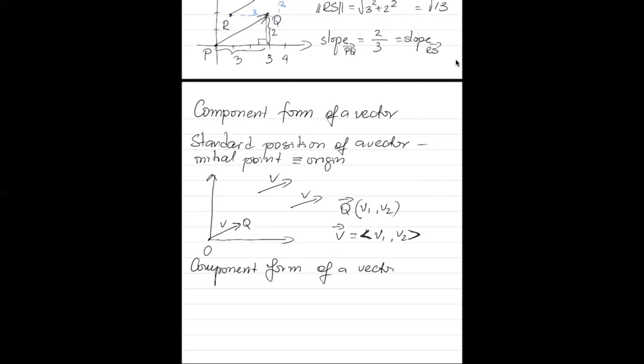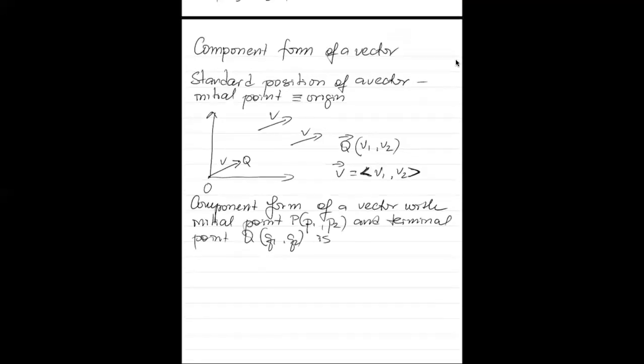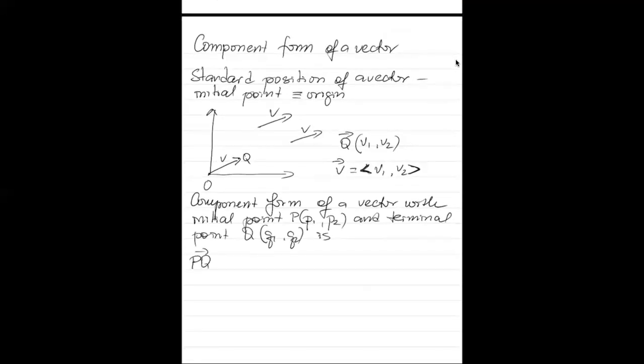The component form of a vector with initial point P with coordinates P1, P2, and terminal point Q with coordinates Q1, Q2 is, and we have a formula, vector PQ has components Q1 minus P1, Q2 minus P2, and they're the same as v1, v2 as before.